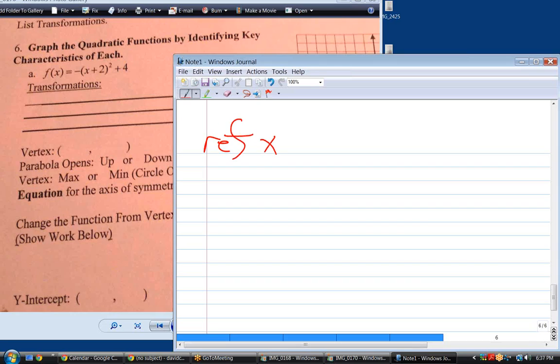Okay. What else? There's a horizontal shift of left 2. Okay. Left 2. And finally, plus 4. And then a vertical shift of up 4.